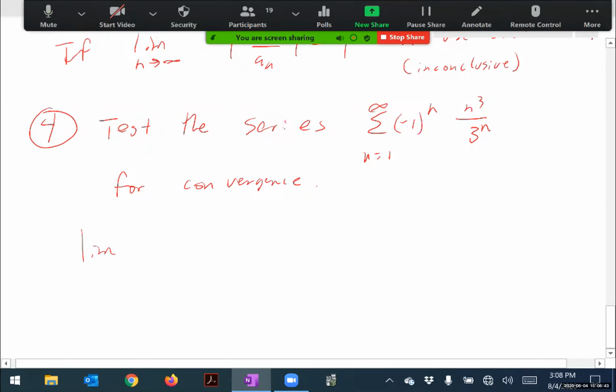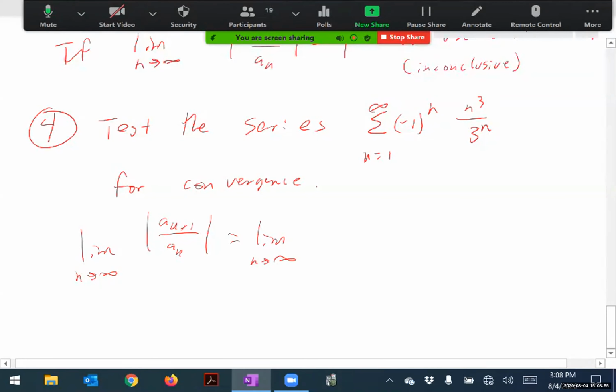So the limit as n goes to infinity of a sub n plus 1 over a sub n equals the limit as n goes to infinity of n plus 1 cubed over 3 to the n plus 1, over n cubed over 3 to the n.